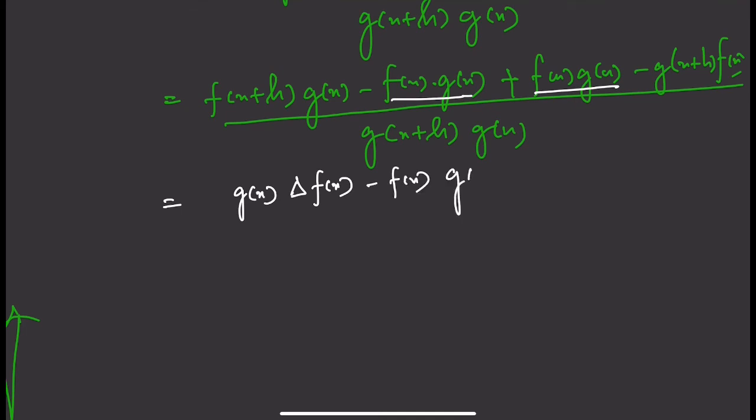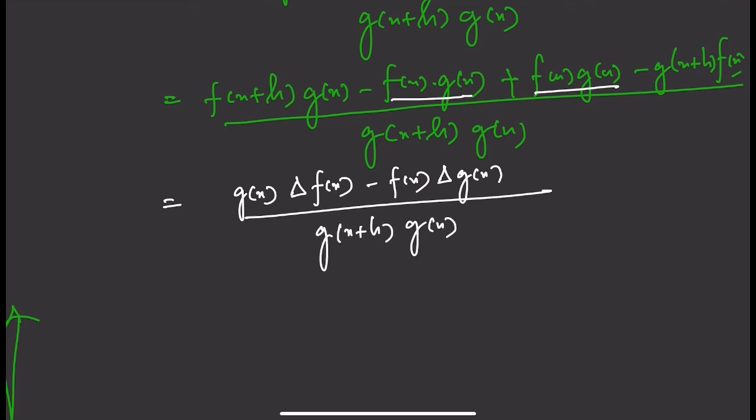Then g of x plus h minus g of x is nothing but Δ of g of x. So instead of this, I will write Δ of g of x, divided by g of x plus h into g of x. That is Δ of f of x by g of x. That is the thing we have got.